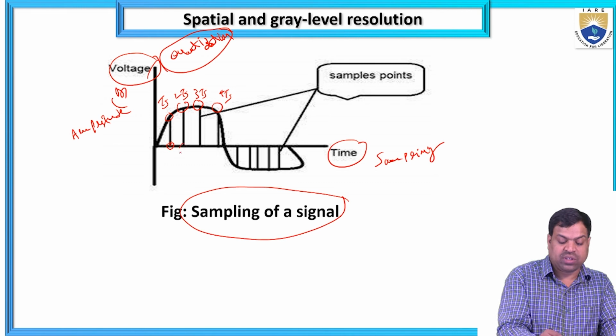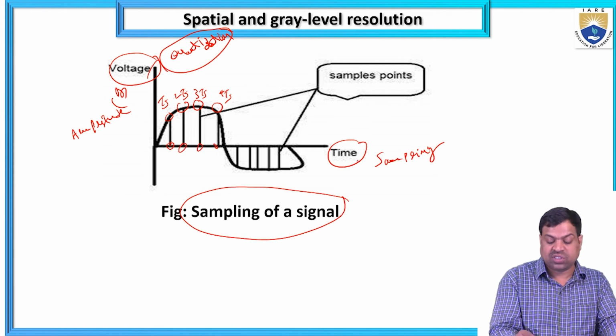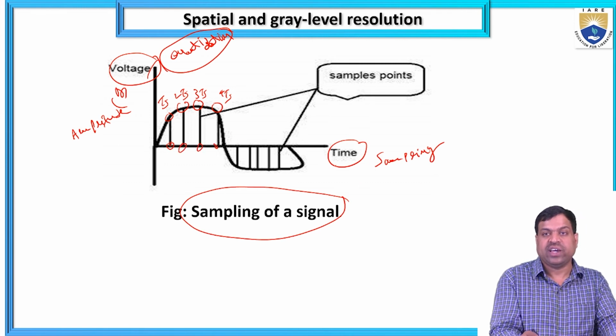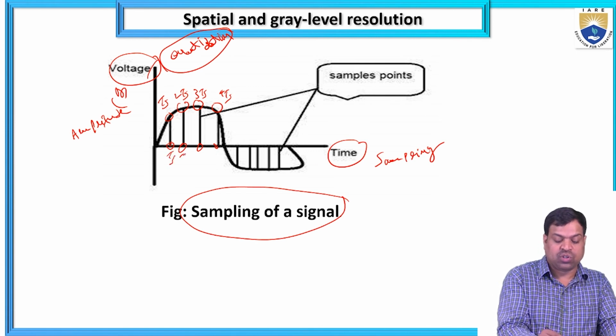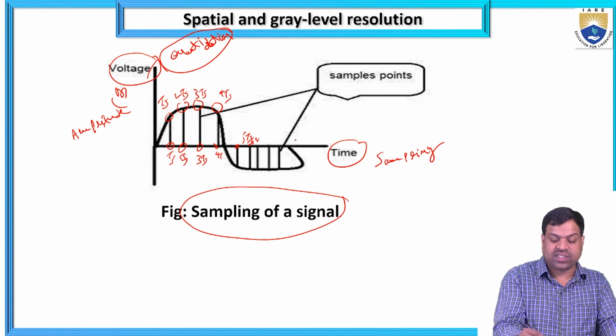These are the samples according to time, because on the x-axis I am taking time. That is the reason I am taking TS sample, 2TS sample, 3TS sample, 4TS, like this. So 5TS, 6TS, 7TS, 8TS, 9TS.